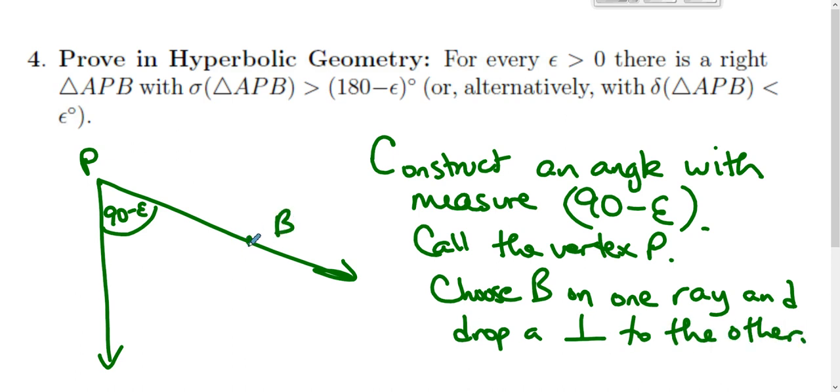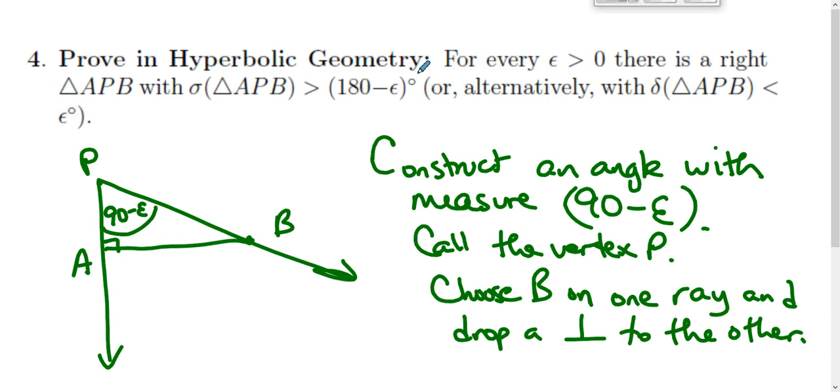You pick B, you drop the perpendicular, the foot is A. This triangle has an angle sum greater than 180 minus epsilon, because these two angles add up to 180 minus epsilon. So the third angle has a positive angle measure, so the three angles together have to add up to more than 180 minus epsilon.